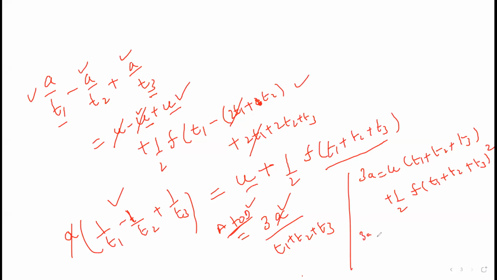So 3A upon T1 plus T2 plus T3 is equal to the same term which we have got on the right hand side. So A cancels, and you will get the remaining thing which we have to prove.